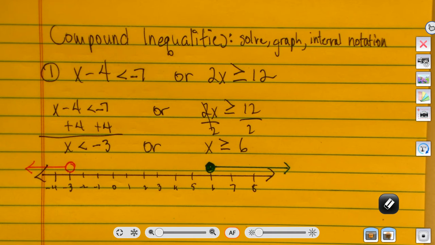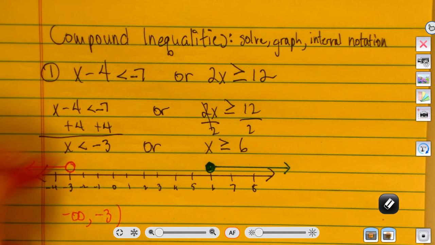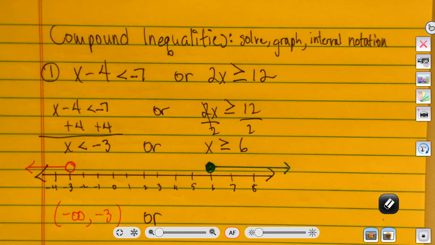The last thing is, well, how do I write that in interval notation? Well, I'm going to use a parenthesis, negative infinity and negative 3. My infinity sign is going to be on the left because the first one here points to the left. In other words, its value is less than negative 3, so we fall on the left of that, or.